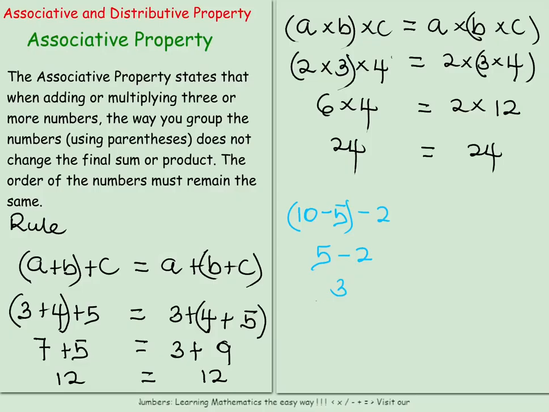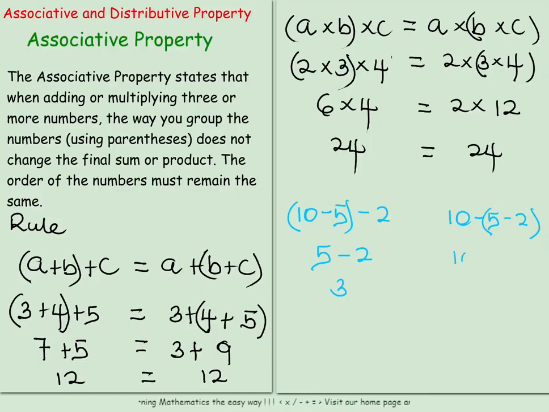A 3. Now, if another person thinks associative still works here, and then instead of working the first two, it is worked as 10 minus (5 minus 2), with your bracket on the next two numbers, that is 5 and then negative 2.